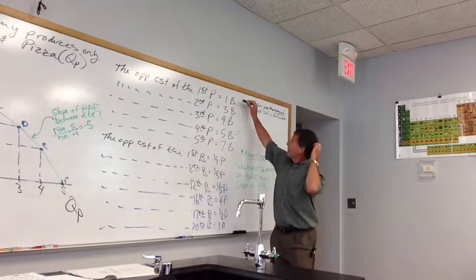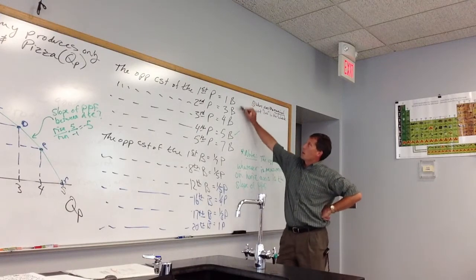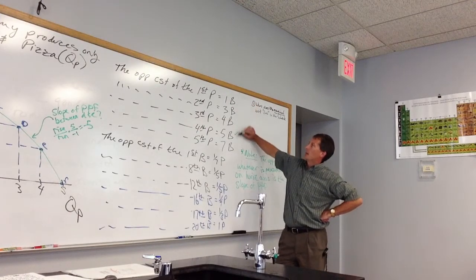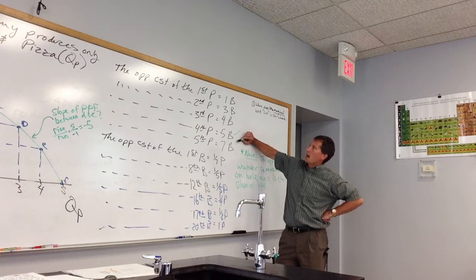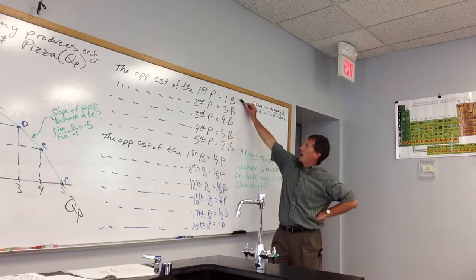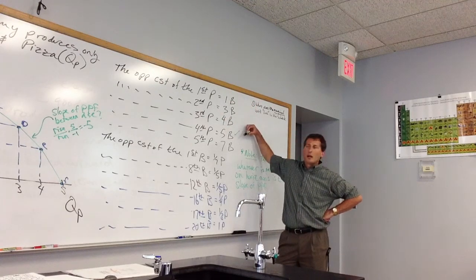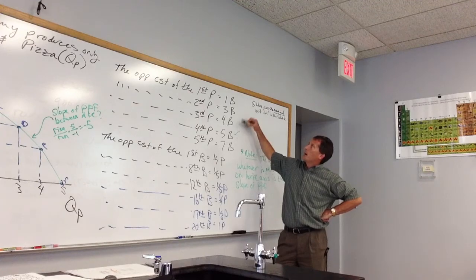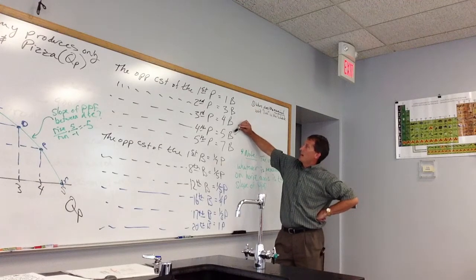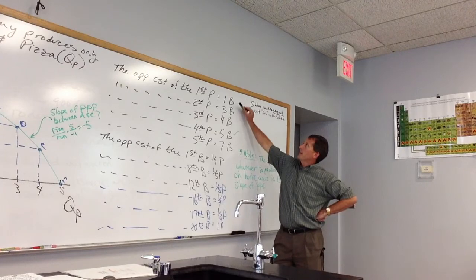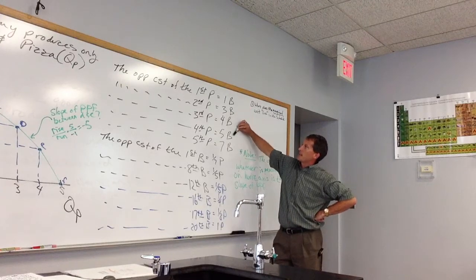Now, is the cost of each additional unit going up or down here? Is the cost of each additional pizza going up or down? Up. Now, is this pizza different than this pizza? Is the first pizza and the fourth pizza different?